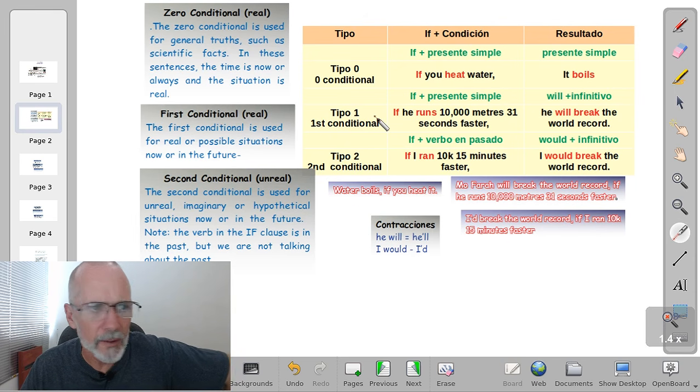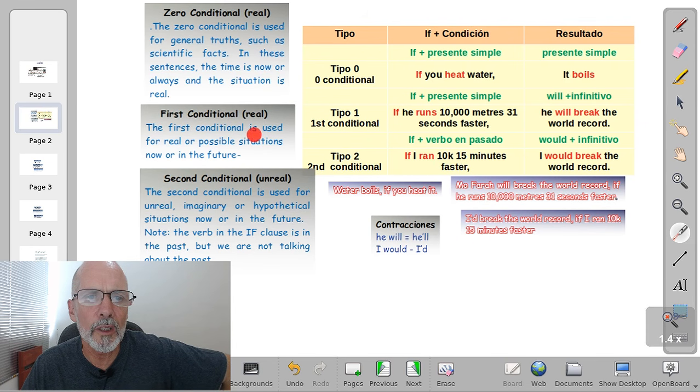Next, we have the first conditional. We saw earlier the example with Mo Farah. If he runs 10,000 meters 31 seconds faster, he will break the world record. It's a real possibility.